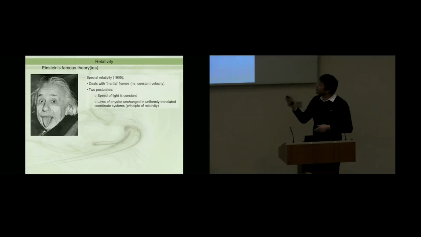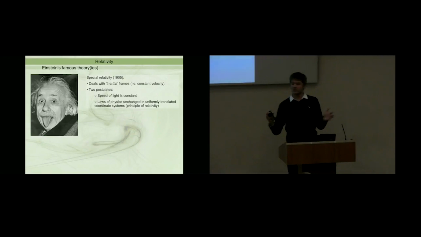And this theory, you can derive the entire thing, if you're really clever, which this guy was. I did learn how to do it, but I could not come up with it in the first place. You can come up with this theory with only two principles. The first one is that the speed of light is constant, and the other one, the principle of relativity, says that the laws of physics should be the same for anyone in the universe, regardless of where you're located.